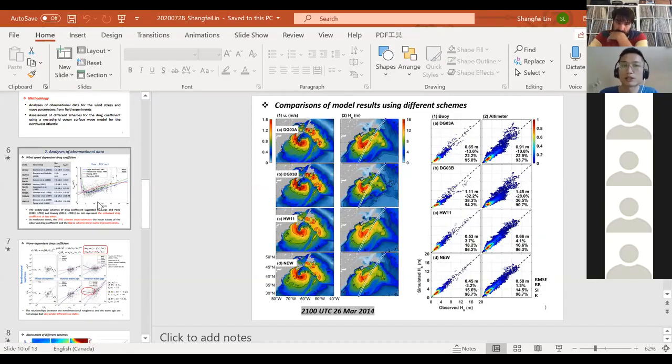One way is to use a coupled model to provide the wave information. But another easier way is to find some wave analysis or reanalysis data. I think they can provide some wave information, and using that information, we can calculate the wind stress acting on the general circulation model. Does that answer your question?